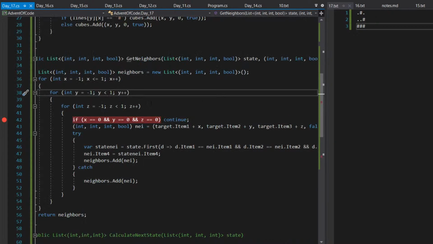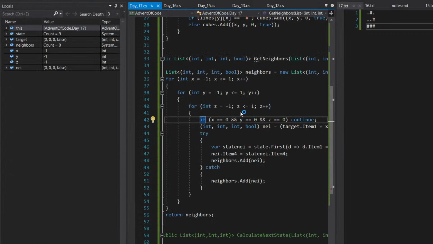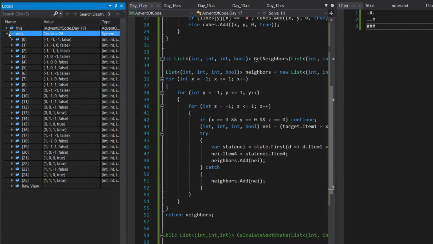I see. Missing equal sign here. There we go. 26 neighbors.